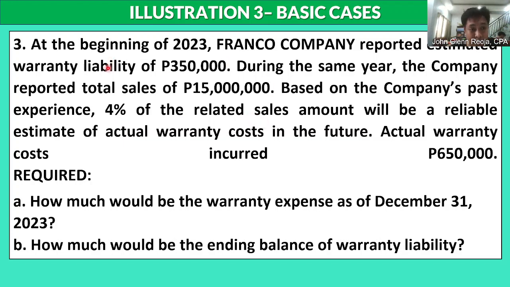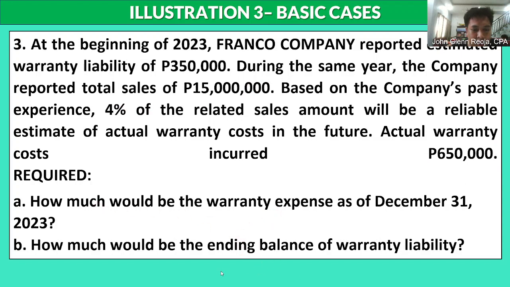So we have a beginning balance of warranty liability of 350,000. Then in 2023, we have an additional warranty expense and warranty liability of 600,000, which is 15 million times 4%. And there was an actual payment of 650,000.